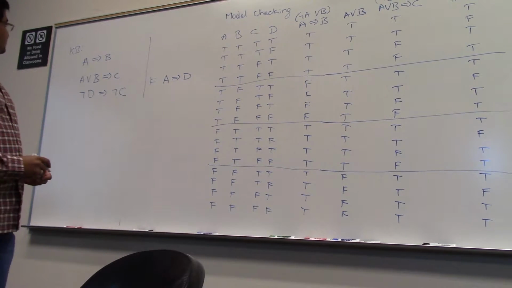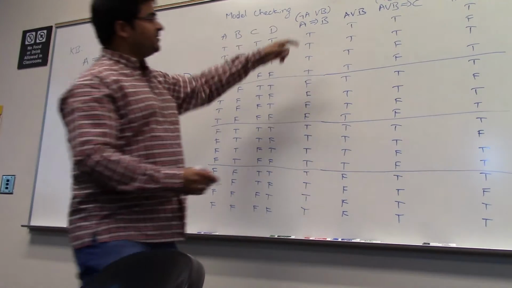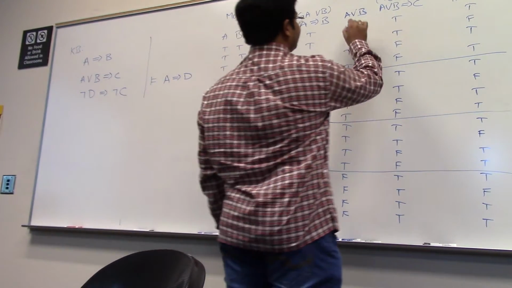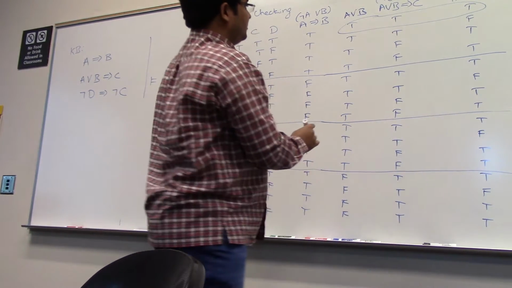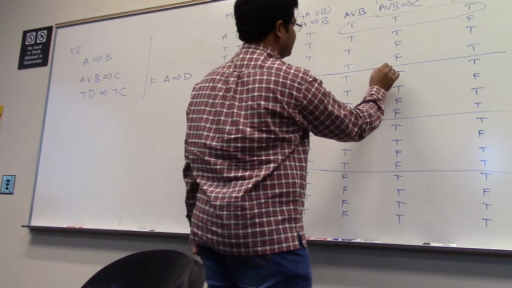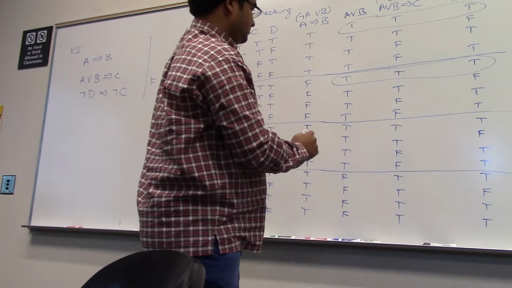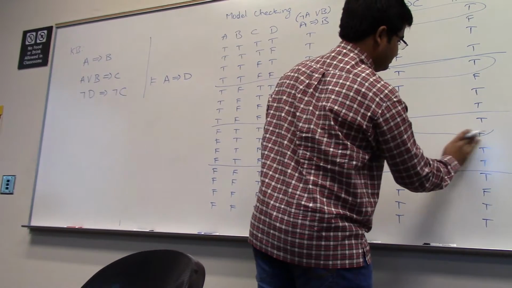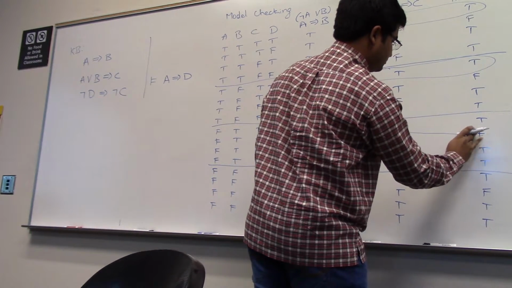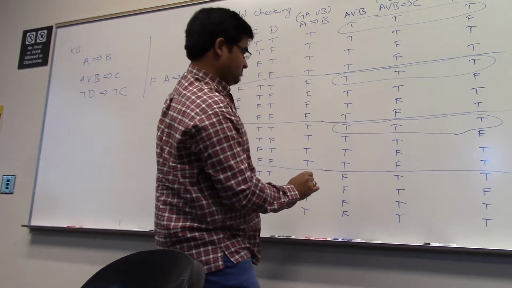Okay. So our knowledge base contains all these three, which means all these three should be true. So we are interested in this and this. Wait, I have a question. All the first ones, I think.